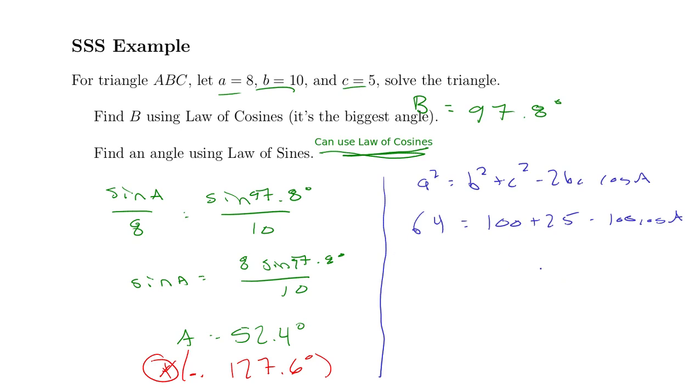So I've got negative 61 equals negative 100 cosine A. So I know that cosine A is equal to negative 61 over negative 100. So to do my cosine inverse, I'll just do 61 over 100. And I get 52.4 again.